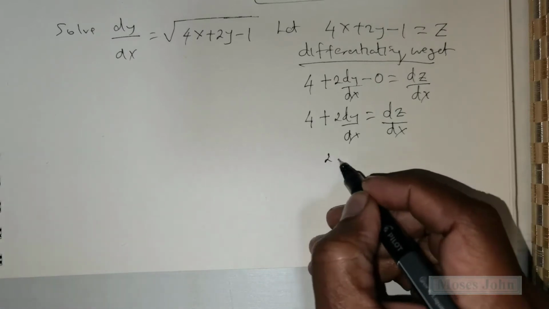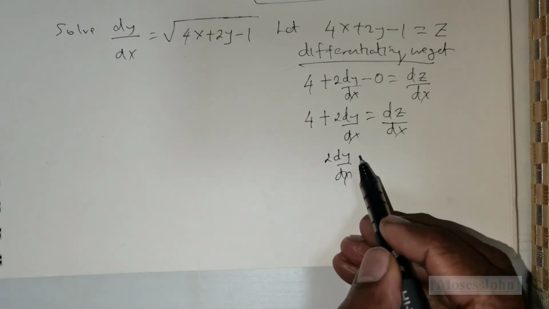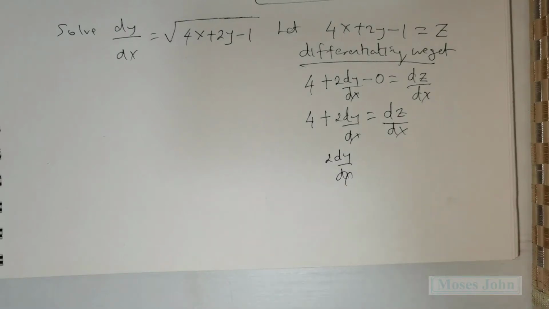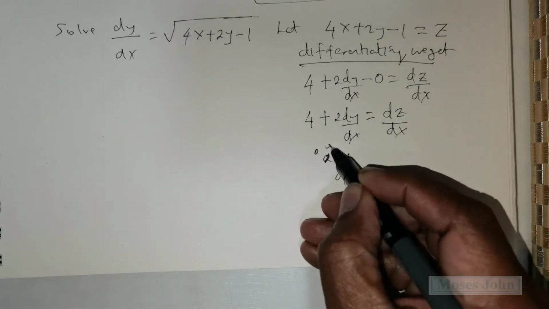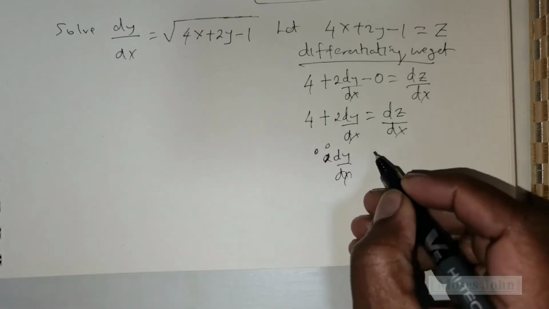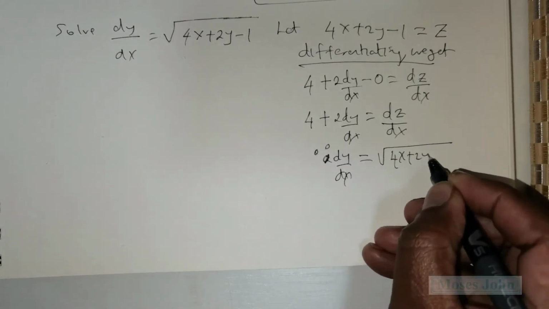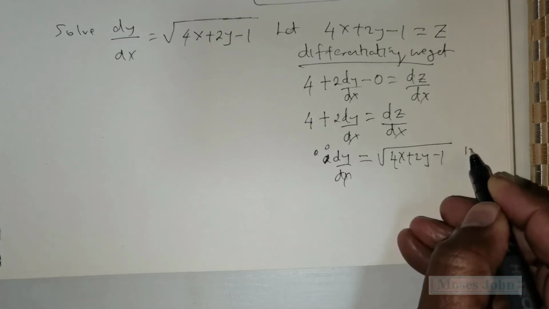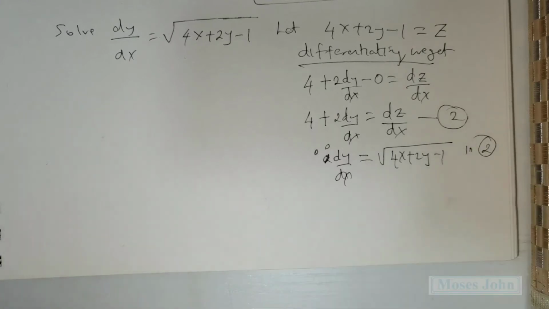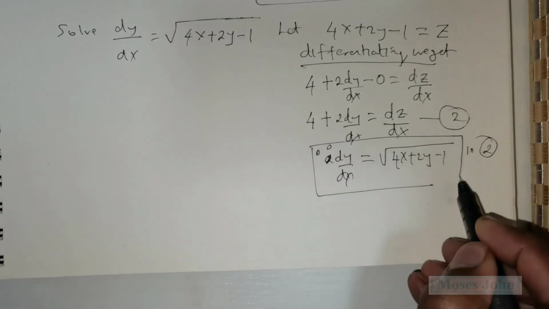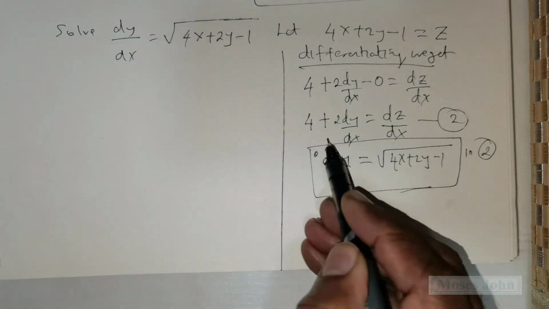I would keep dy/dx here, and then use the value of dy/dx, which we know to be root of (4x + 2y - 1). If I take this as equation 2, I will use it in 2. In that way the solution can be simple. So dy/dx will be substituted here.